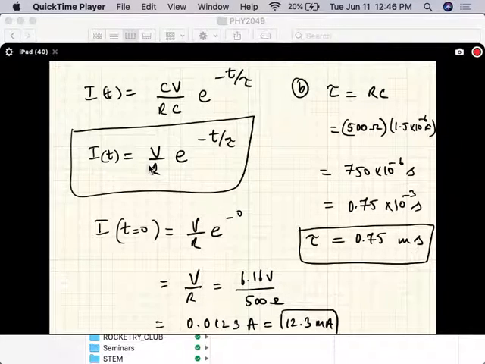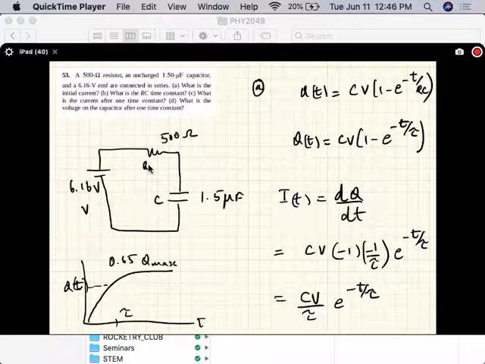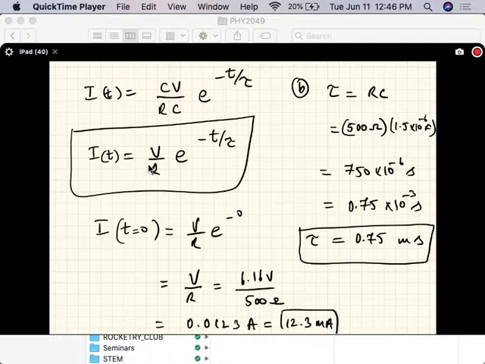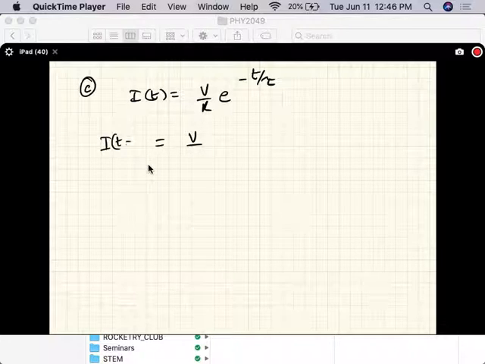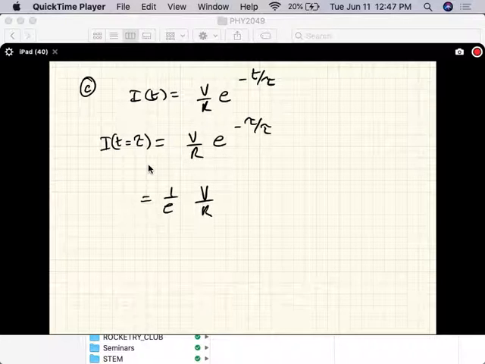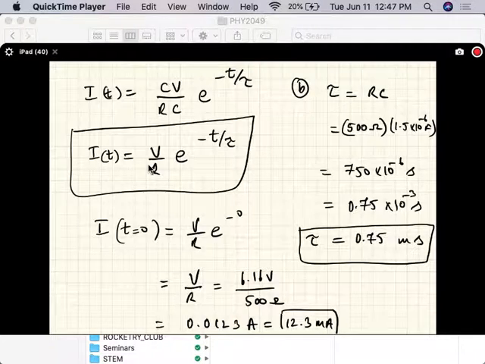All right. What is the current after one time constant? The current after one time constant is 1 over e times V over R, which is 1 over e times I naught. I naught is the current at time t equal to 0, and we found that.